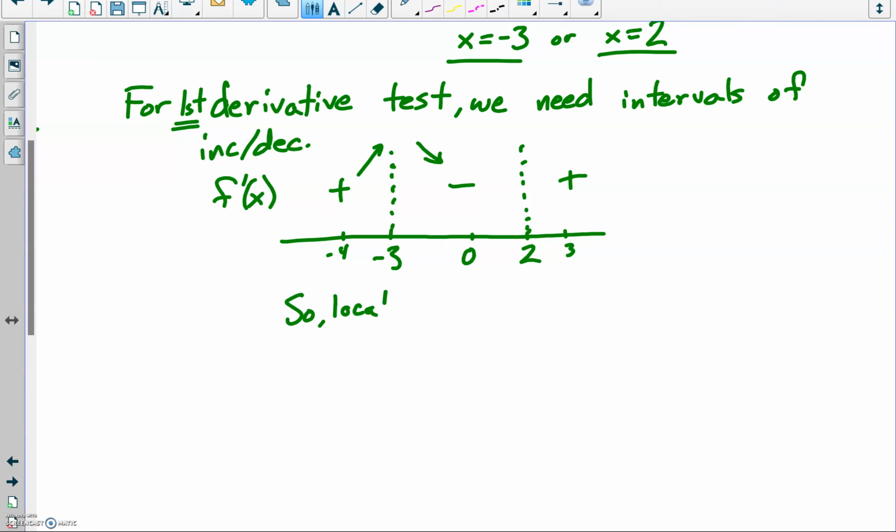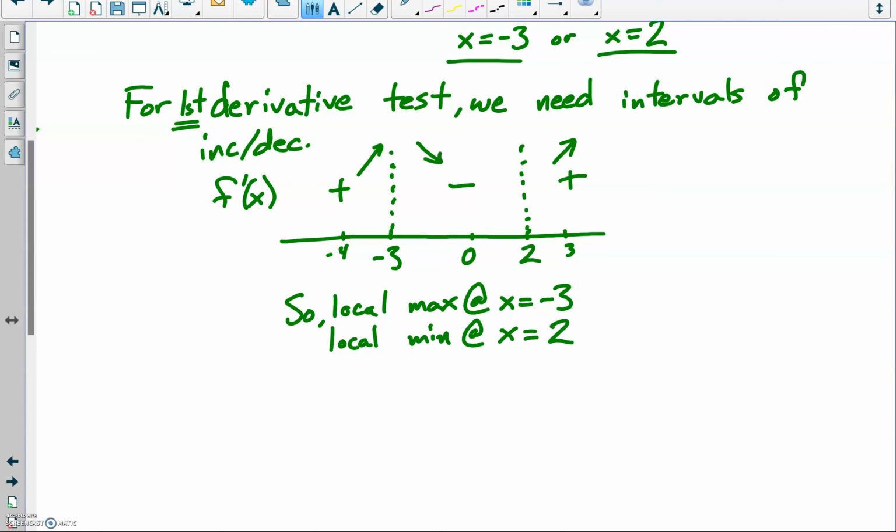So the local max from the first derivative test would be at x equals negative 3. And then we go from negative f prime to positive f prime at 2. So there's a local min at x equals 2.